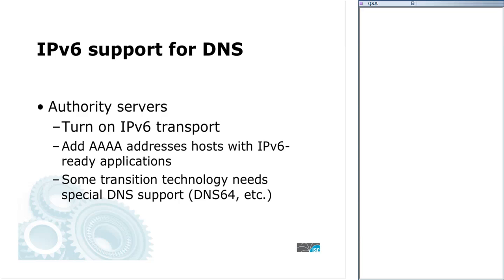Now, the thing that you really need to be careful of is do not add a Quad A record to a service that does not have its application ready on the IPv6 stack.